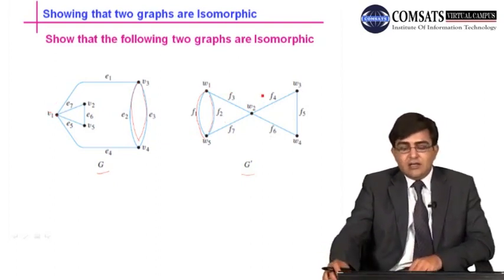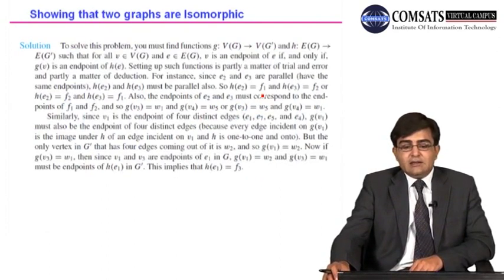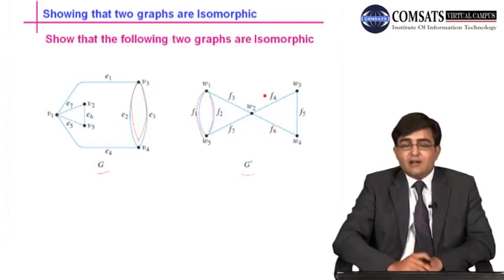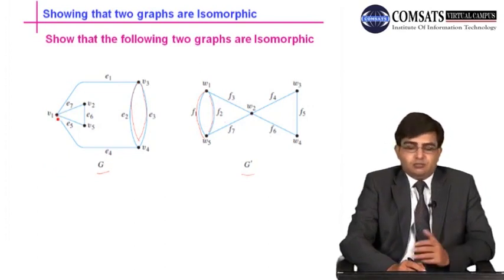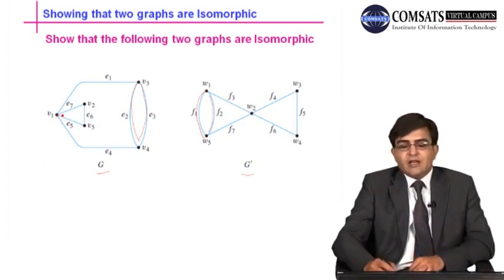So we care about such issues in these two graphs: if V1 has degree 4, you must not connect V1 to W1 or W3, because W1 has degree 3 and W3 has degree 2.